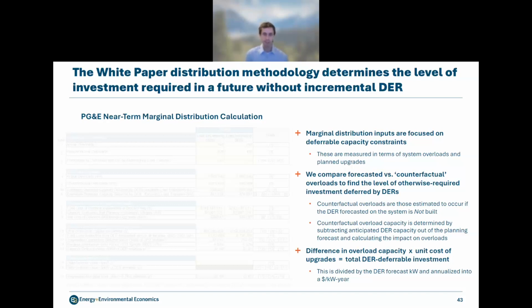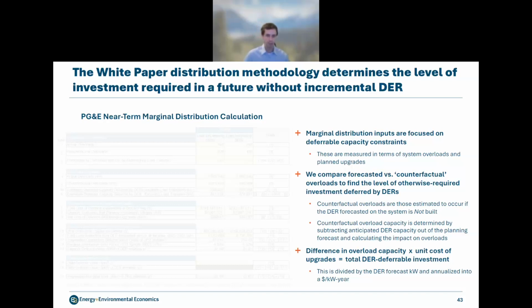So a key step from the white paper I mentioned that we're applying in this cycle is then to take the difference between the counterfactual and forecasted overloads. This is important in order to make sure we're determining what incremental overload capacity is actually being deferred by the DERs instead of all planned investments plus DERs. So we multiply that resulting difference in overload capacity by the unit cost of upgrades to determine how much additional investment is being deferred by DERs.